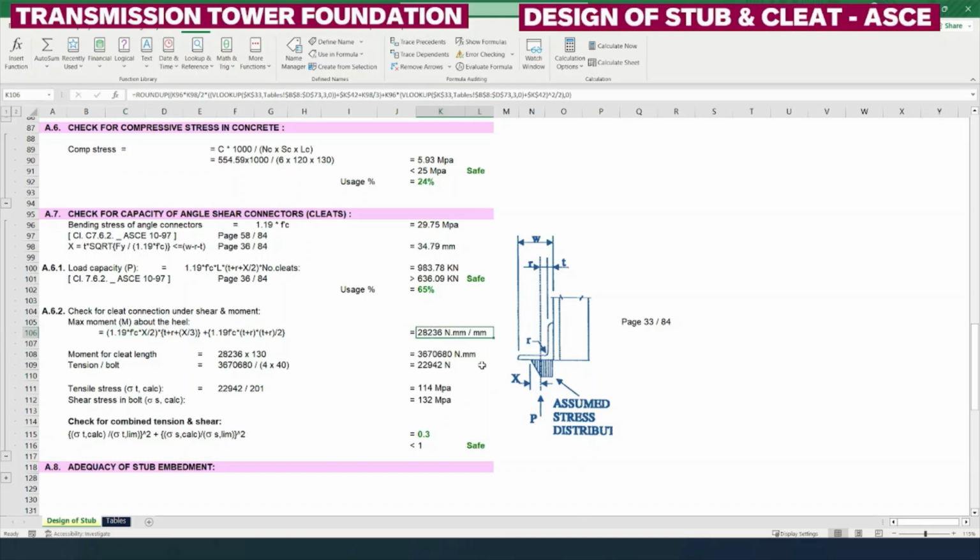Anyway, that length we can consider as 1 mm. So the moment per mm of span of the cleat we need to consider here first. We know that 1.19 Fc is the vertical dimension of this pressure diagram.